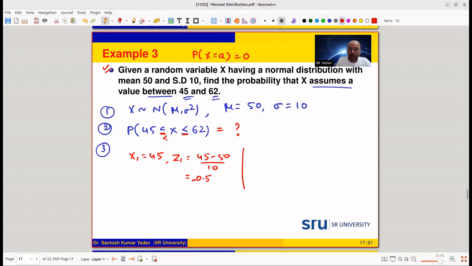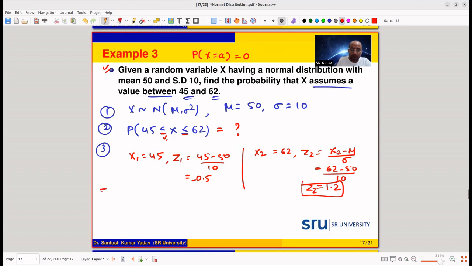And if I go with x2 as 62, what is the z2 value? x2 minus mu upon sigma, which is 62 minus the mean 50, divided by 10. So 12 divided by 10, which is 1.2.